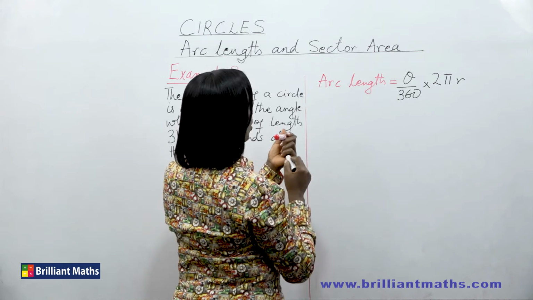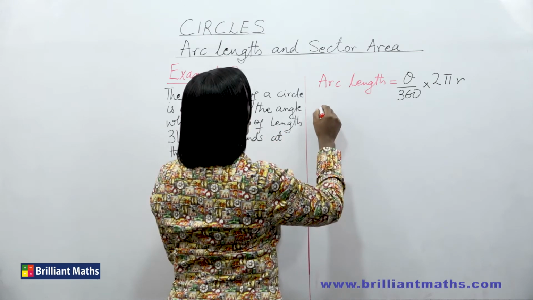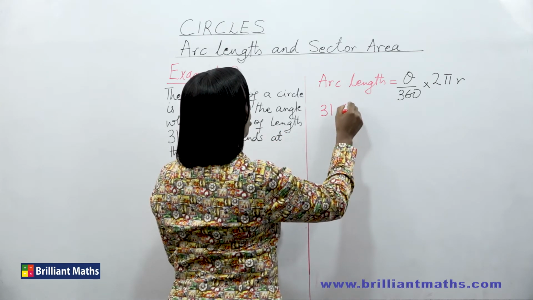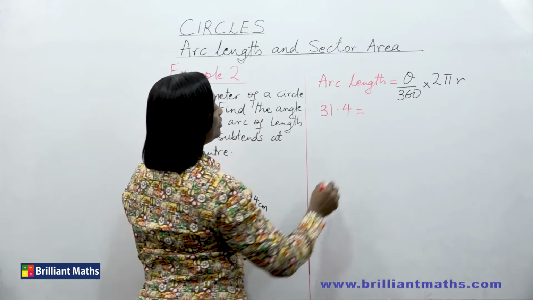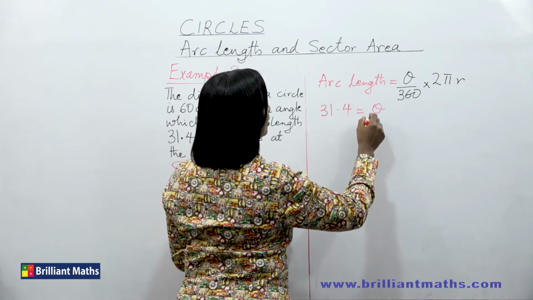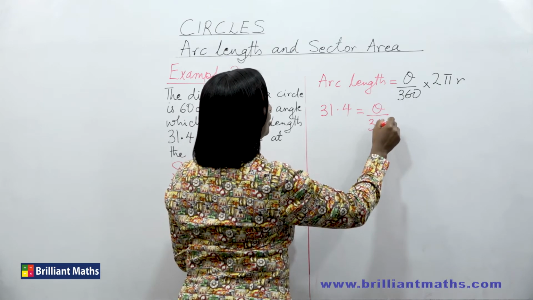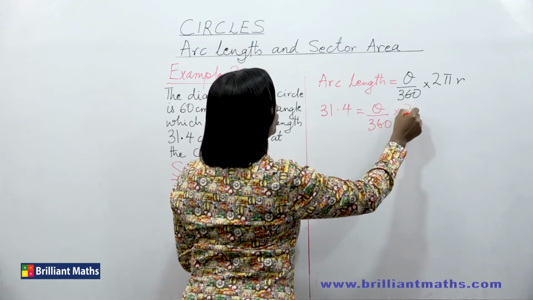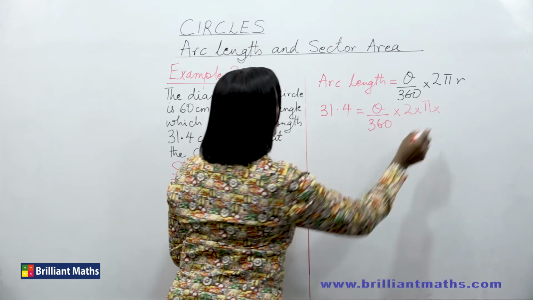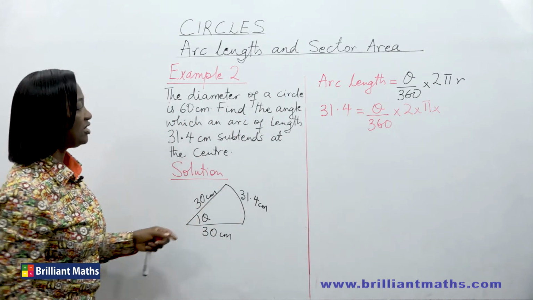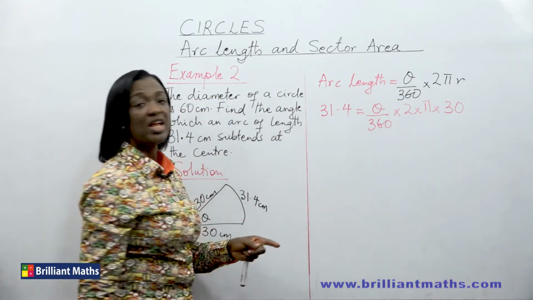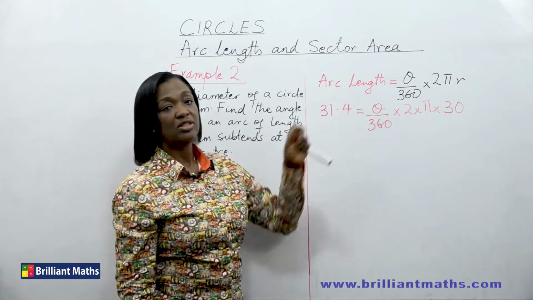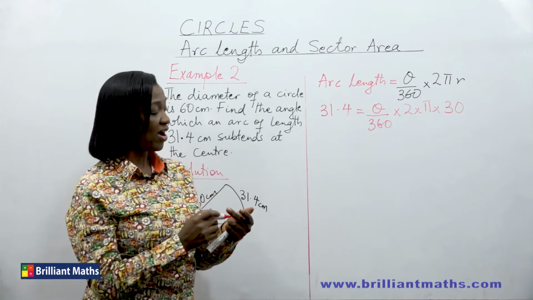So 31.4 is equal to theta over 360 times 2 times pi times r, where r is 30. So we need to make theta the subject, because that's what we're supposed to find.